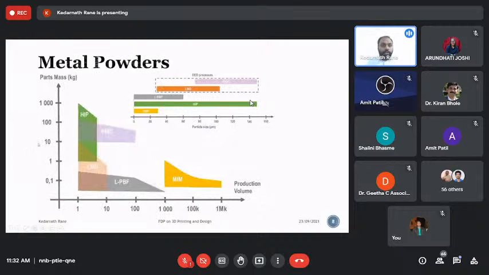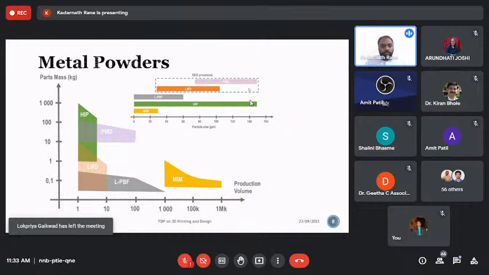When it comes to the metal powders required for additive manufacturing processes, I would like to cover all additive manufacturing processes so that you can see where the metal injection molding powder size lies. Here we are aware of some of the processes, which is direct energy deposition, like LMD and PMD. We require a higher particle size there, because the powder is getting deposited.